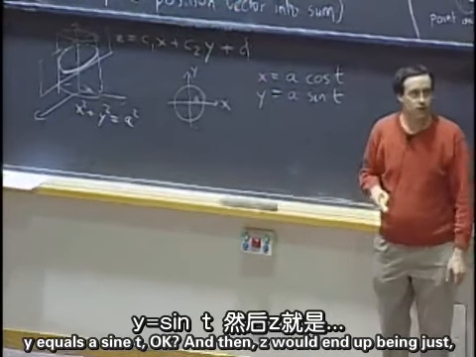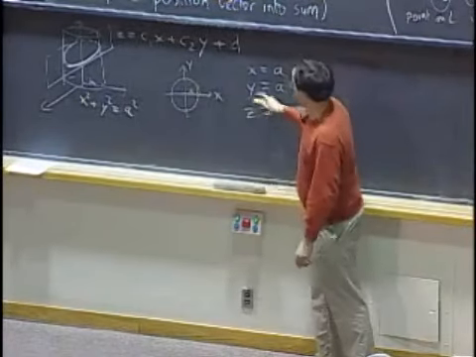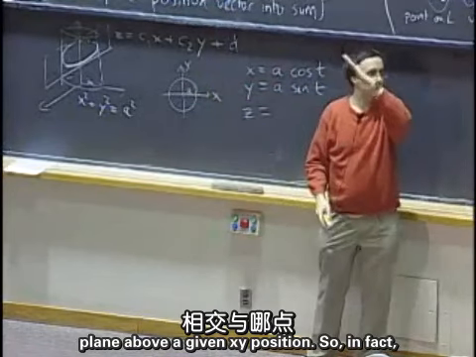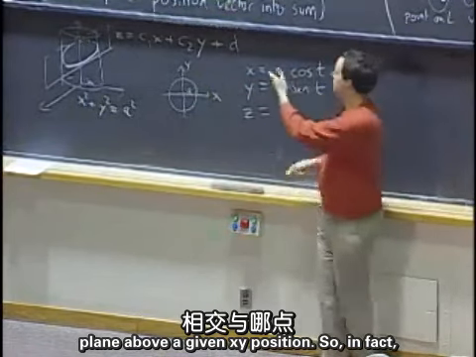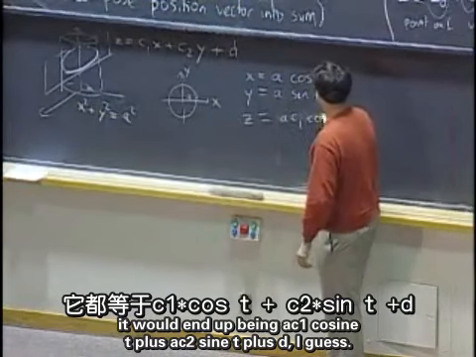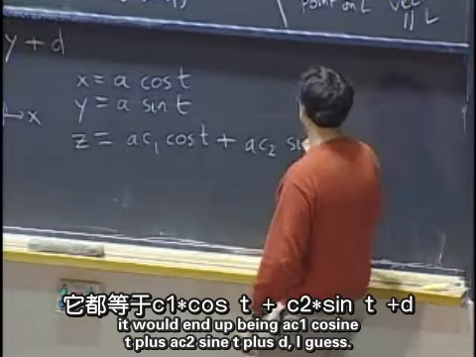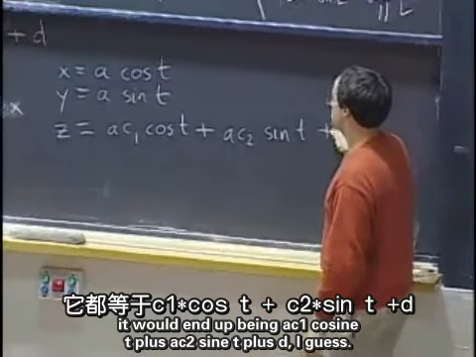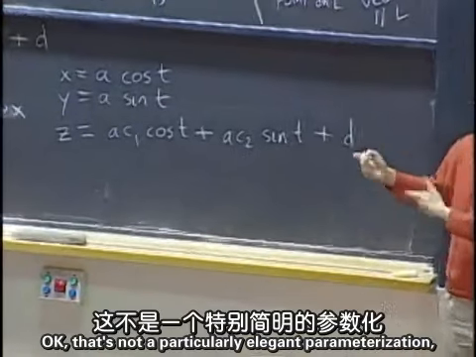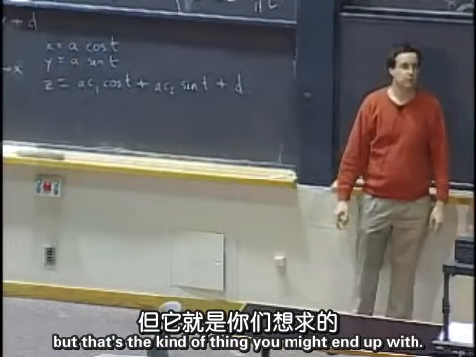And then z would end up being whatever the value of z is on the slanted plane above the given xy position. So in fact, it would end up being a c1 cosine t plus a c2 sine t plus d. That's not a particularly elegant parameterization, but that's the kind of thing you might end up with.